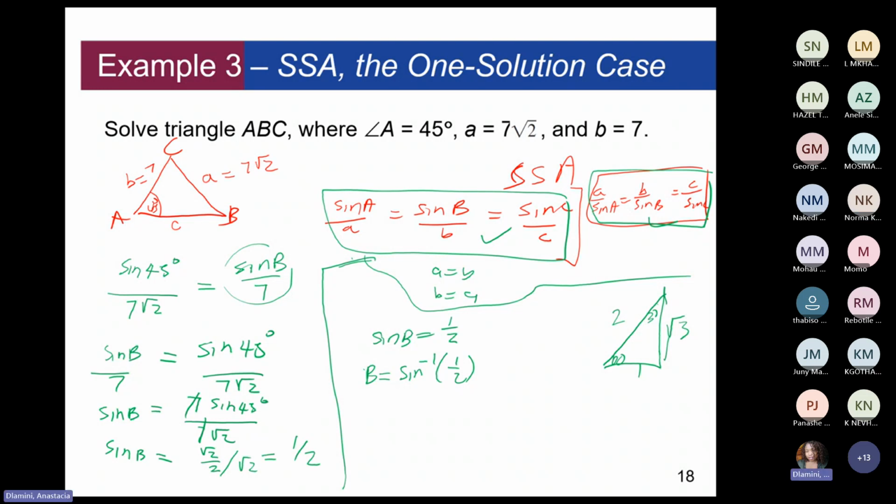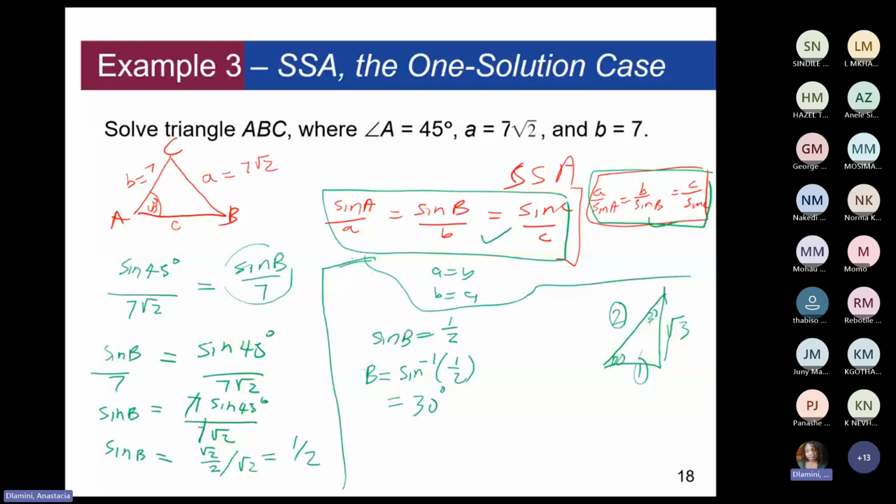But sine is opposite over hypotenuse. So it's not 60. It's 30 degrees. Yes, it's 30, because sine is opposite over hypotenuse.